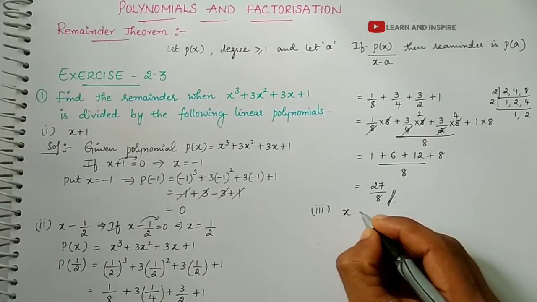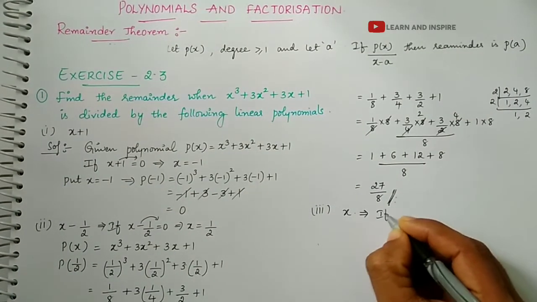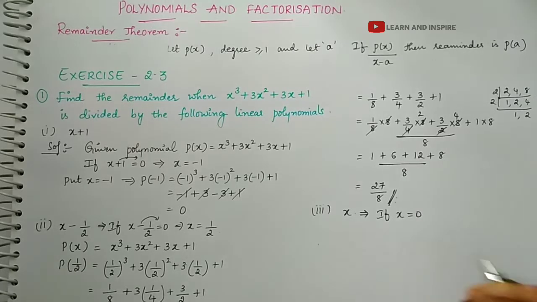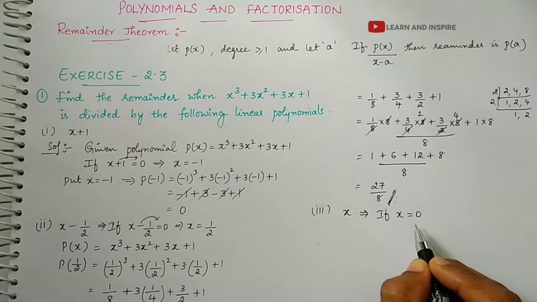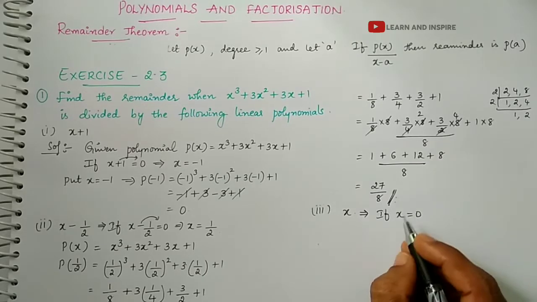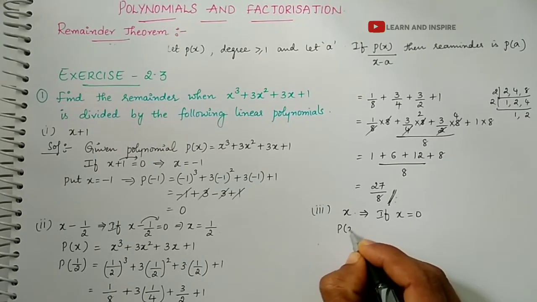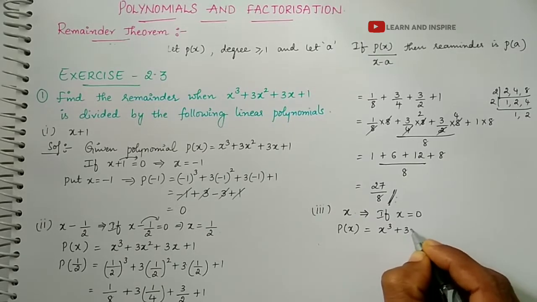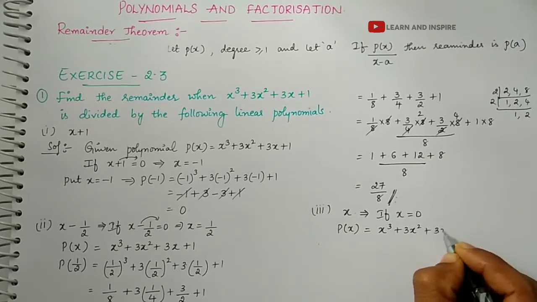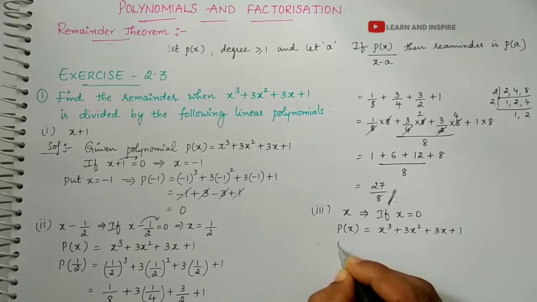If x is equals to 0, that means we have to substitute the value of x is equals to 0. So what is the polynomial given? P of x is equals to x cube plus 3x square plus 3x plus 1.